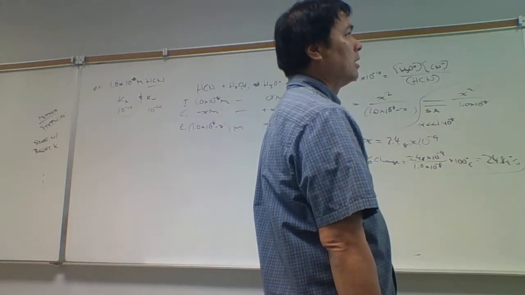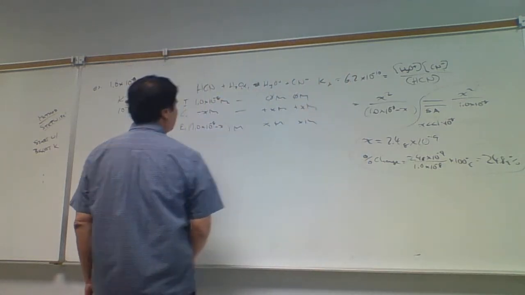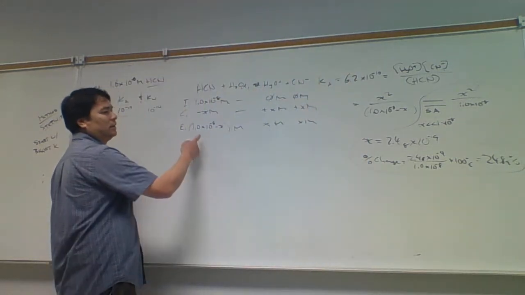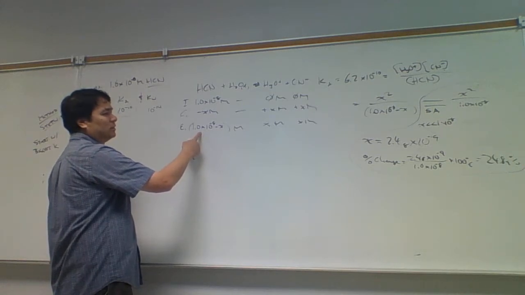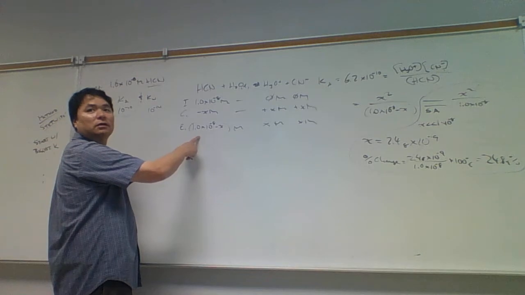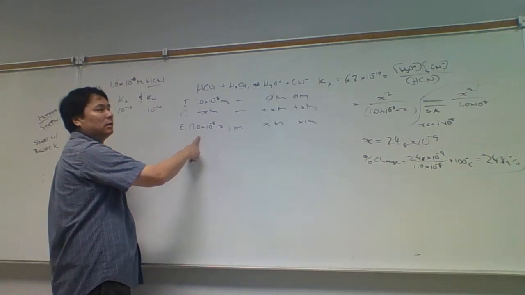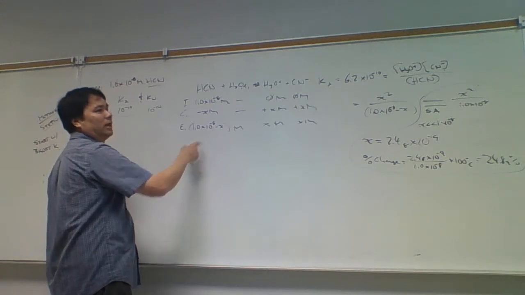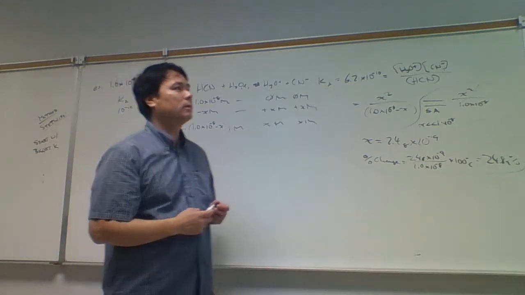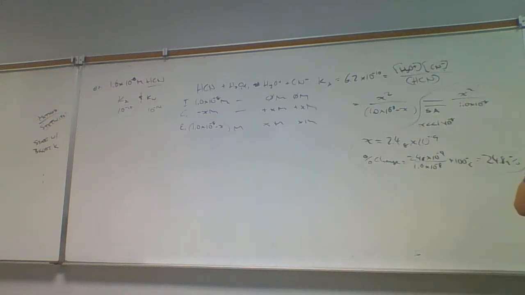Did I mess up the calculation? I must have messed up the calculation, because if we look at this here, that x value is going to make this go negative, and we can't have a negative molarity. So I must have messed up somewhere. Let's see where.